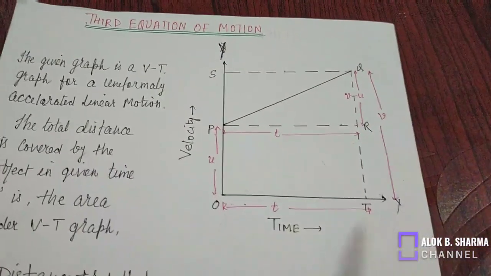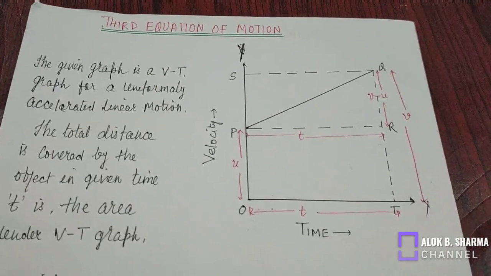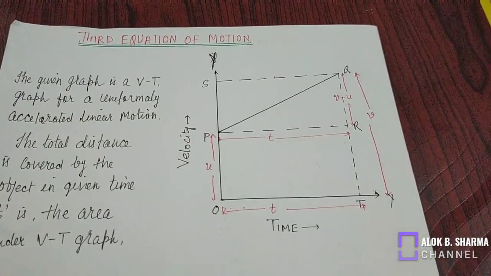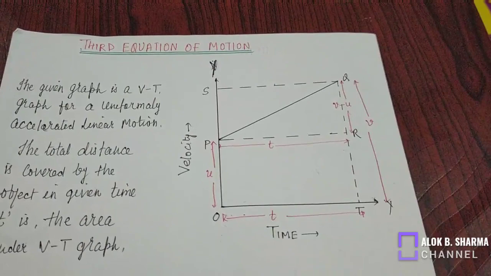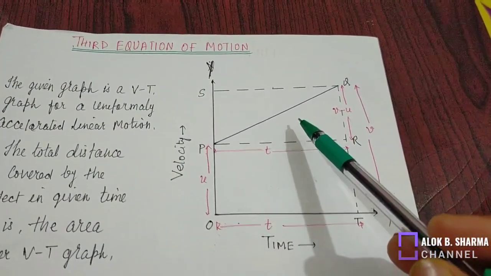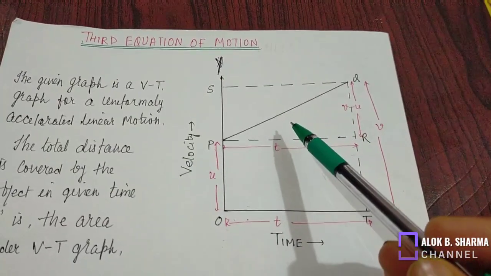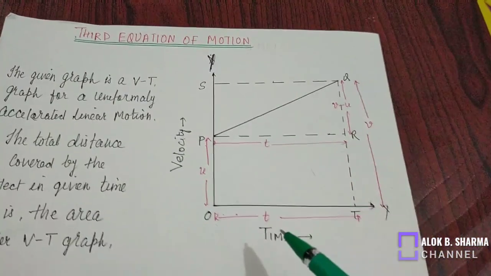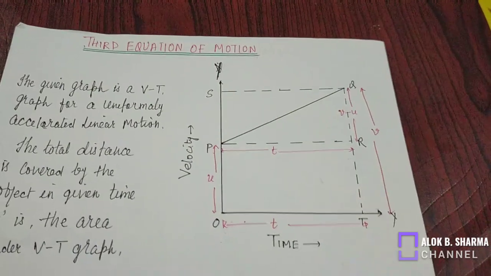These are the values we have already explained in the second equation of motion. And one more very important thing, which is the root of the derivation of this formula: the slope of a velocity-time graph gives the acceleration of the object, and the area of the velocity-time graph gives the distance traveled by the object.